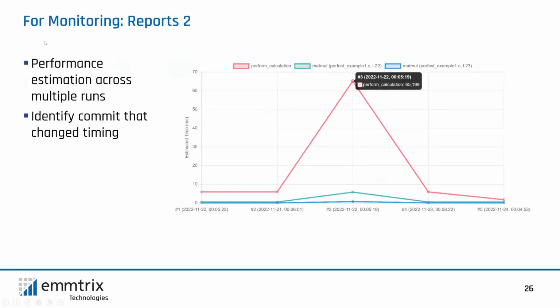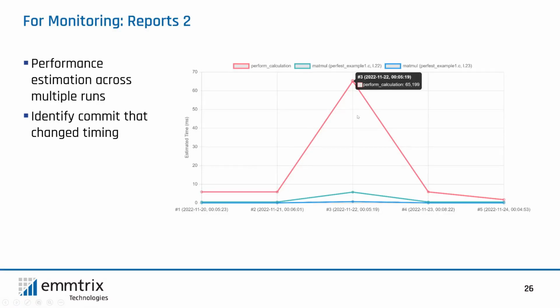And with that, you can also use some kind of monitoring report, as we can see here, about the function, just an example, perform calculation. We can see with this change to the source code, oh, suddenly we have a much higher time, and we can identify the commit that really changed the actual timing.